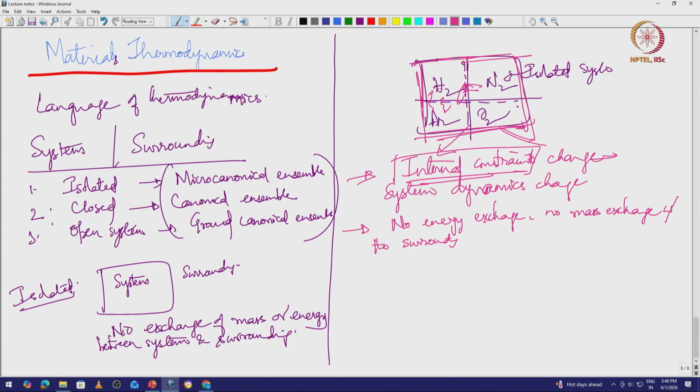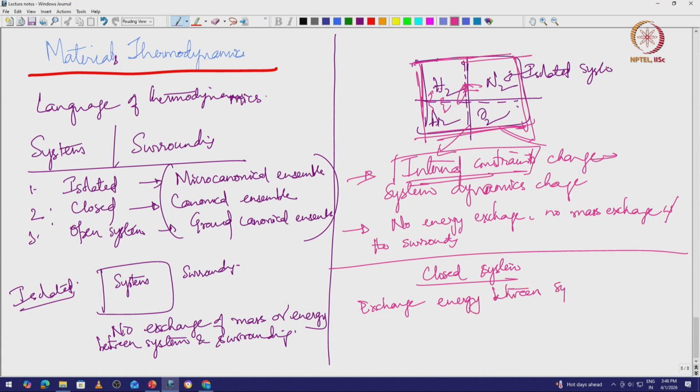Okay. Then what about a closed system? A closed system can exchange energy between system and surrounding, but no exchange of mass.